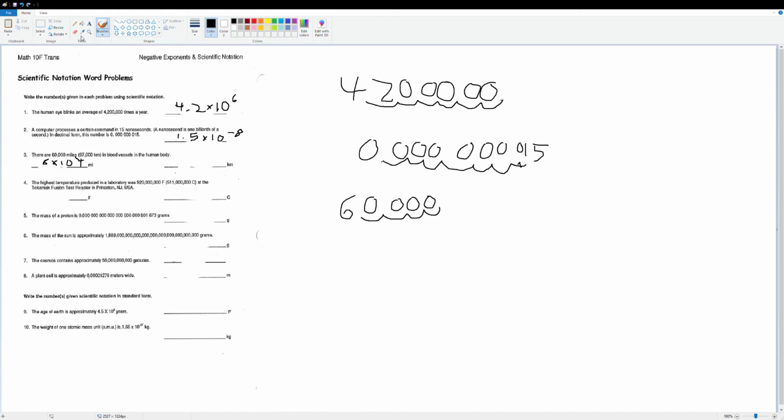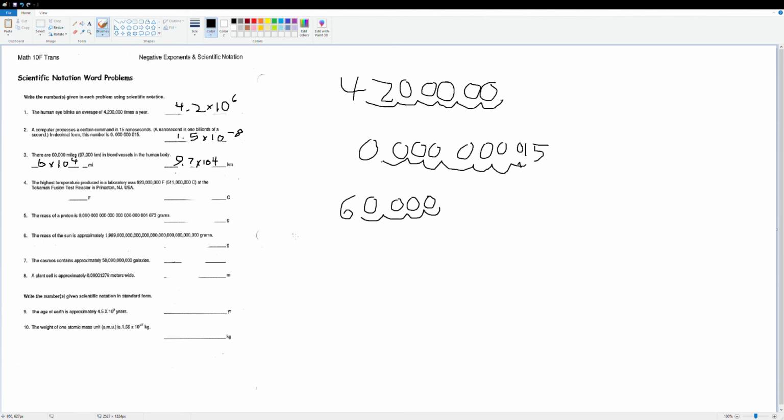Oh, sorry, looks a little off there. Let me fix that. 6 times 10 to the 4. So the other one is 97,000. We can see that 60,000 is already 10 to the 4, so we could just extrapolate that, and it's 9.7 times 10 to the 4th.